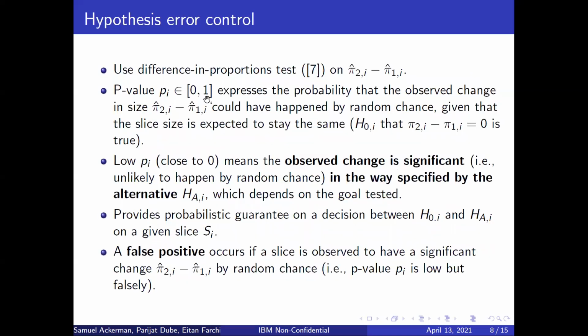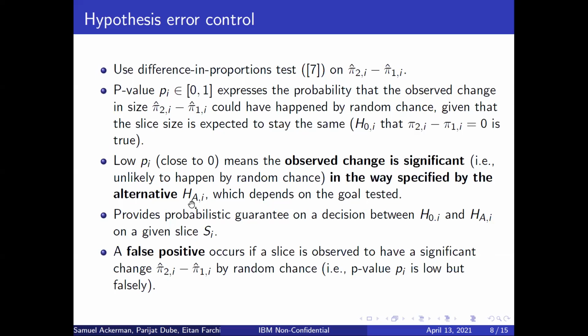To test this, we use the difference in proportions test on these observed differences. Each hypothesis test gives us a p-value, which expresses the probability that the observed change in the proportions could have happened by random chance. A low p-value means that this observed change is significant relative to the probability that it didn't change.